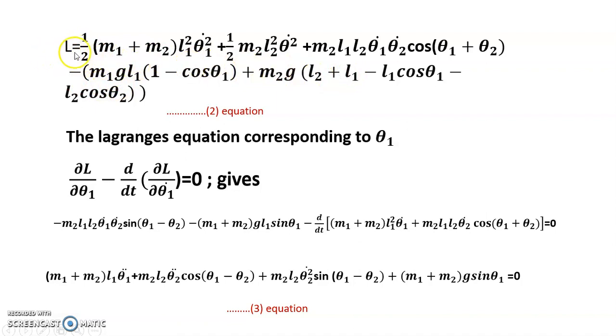Please write the L value, because I also use Lagrange's equation corresponding to theta 2, and then I differentiate with respect to L. Sorry, it is theta 2 square. It is not m2 L2 square theta dot whole square, it is theta 2 dot whole square. Okay, it is theta 1 theta 2.